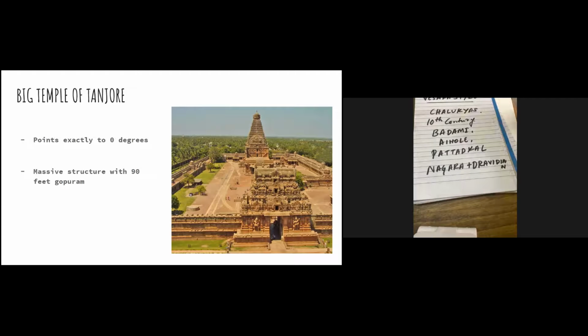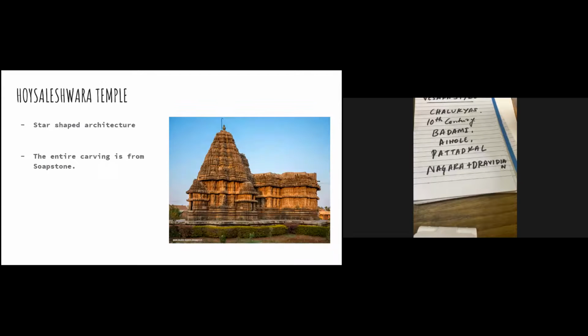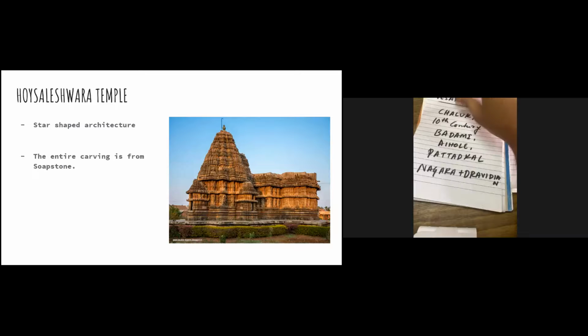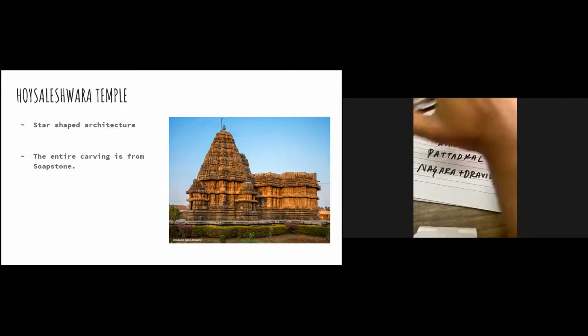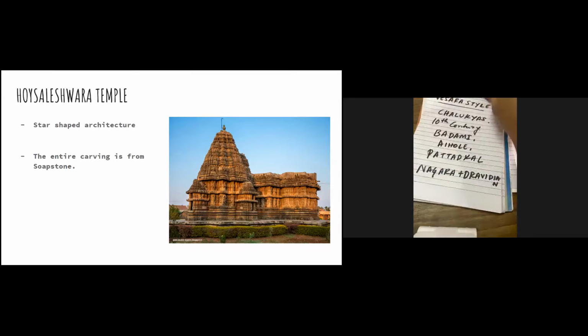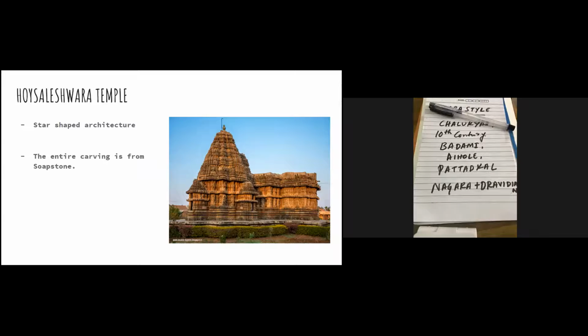So yes, everyone would have a question. There was a kingdom called the Hoysala kingdom, which ruled somewhere in the parts of Karnataka. The entire shape of the temple is carved on a star base, so it's completely star shaped.